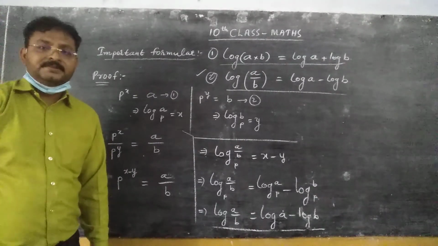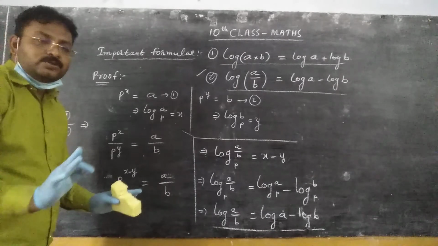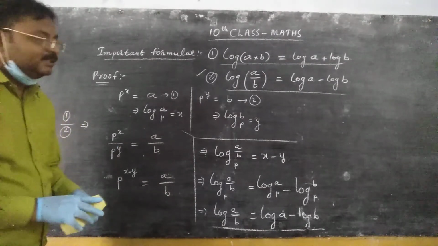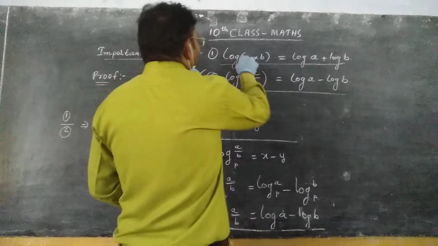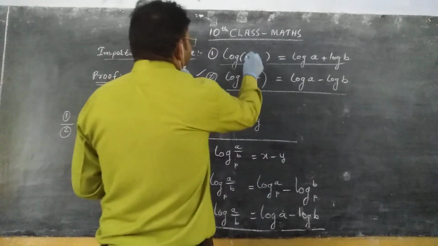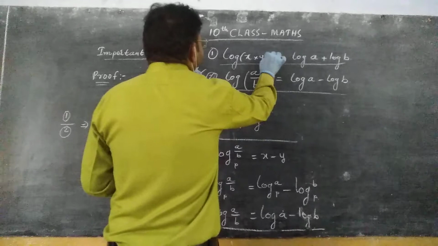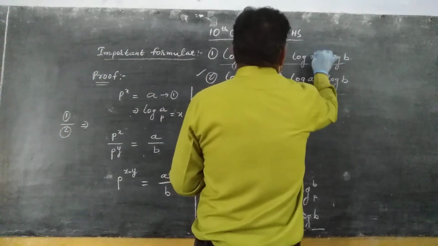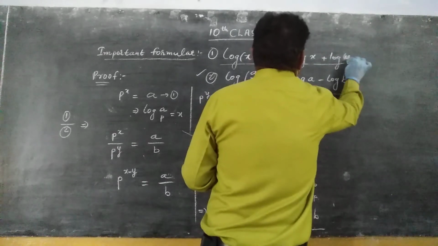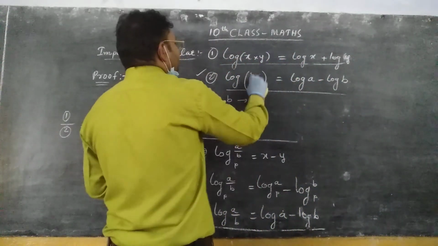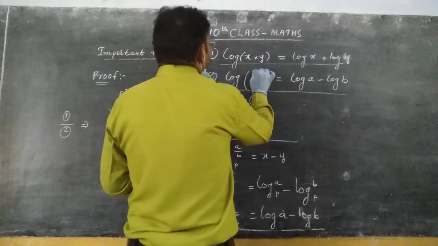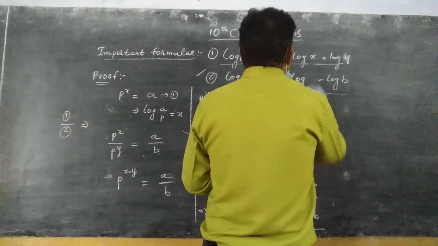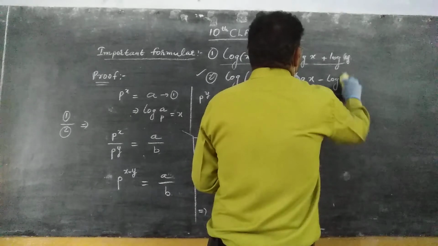Now children, you try to prove some more. First, log x into y is log x plus log y. Now you prove that log x by y is log x minus log y.